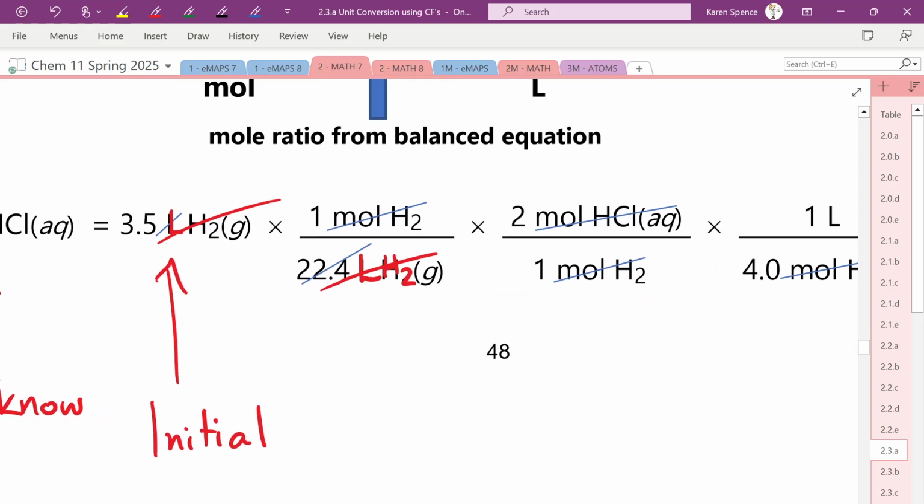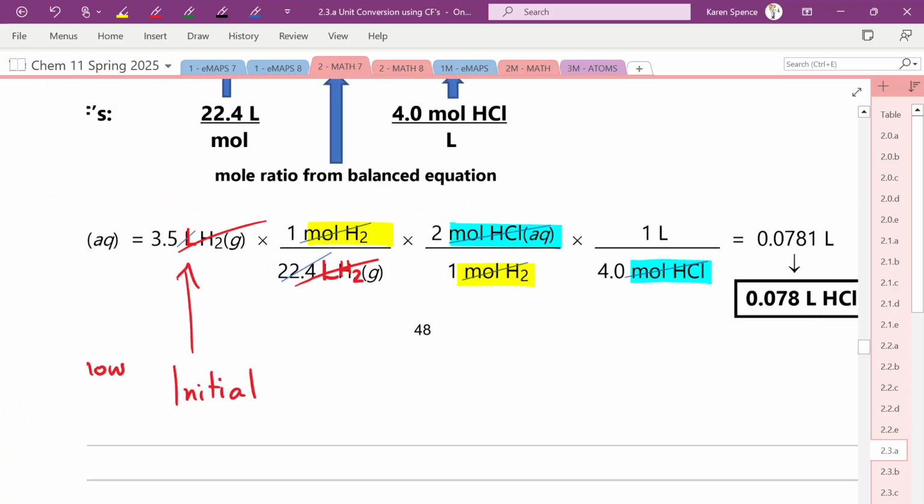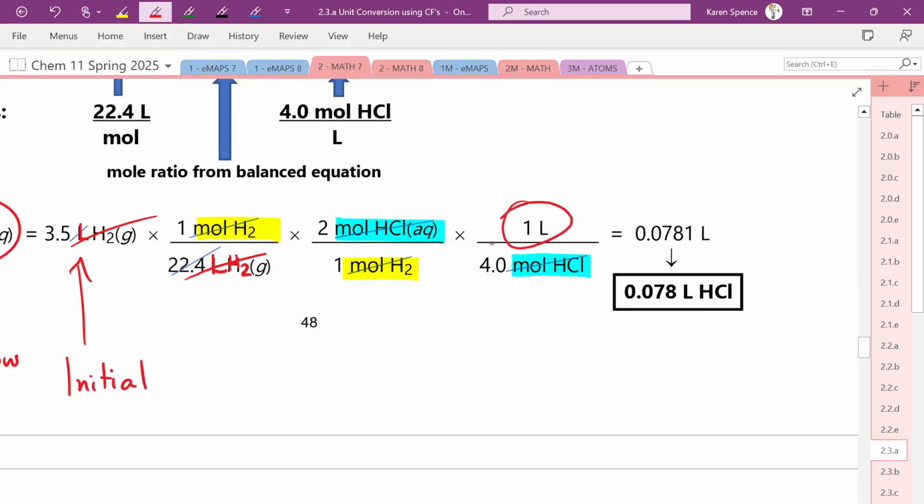If I have moles of H2 on the top, I need to make sure that in my next step, I have moles of H2 on the bottom. If I have moles of HCl on the top, I need to make sure on the next step I have moles of HCl on the bottom. And then I look back and I say, what was I looking for? I was looking for liters. Did I end up with liters? Yes, I did. Hooray. Okay?